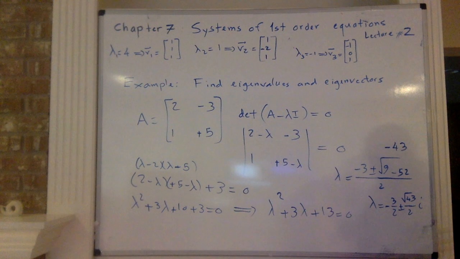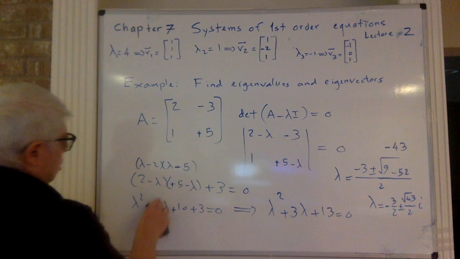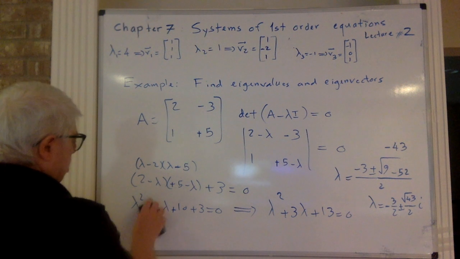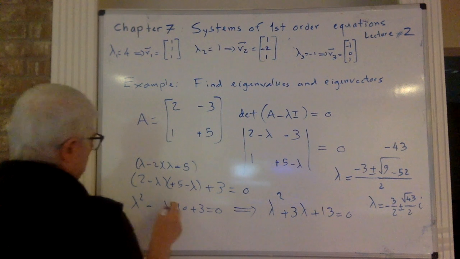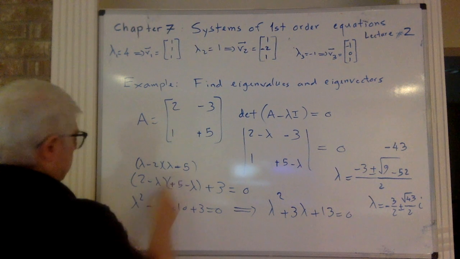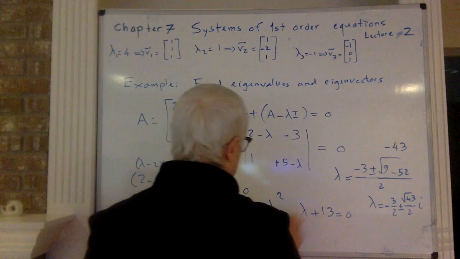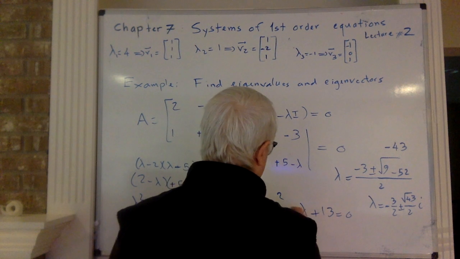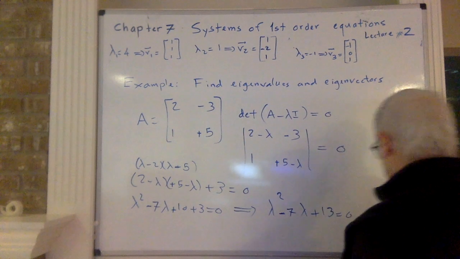Let me double check, and 5 minus lambda, so that's lambda minus, oh gee, minus 2, oh, I forgot to change this thing. So that's minus, in fact, minus 7 lambda. So this is totally wrong. Let me correct that.